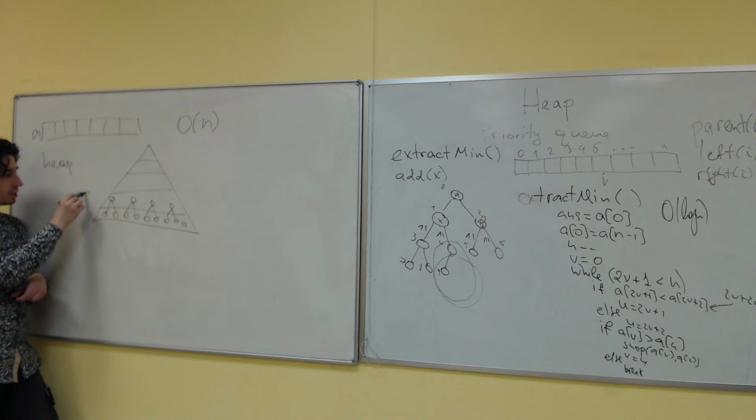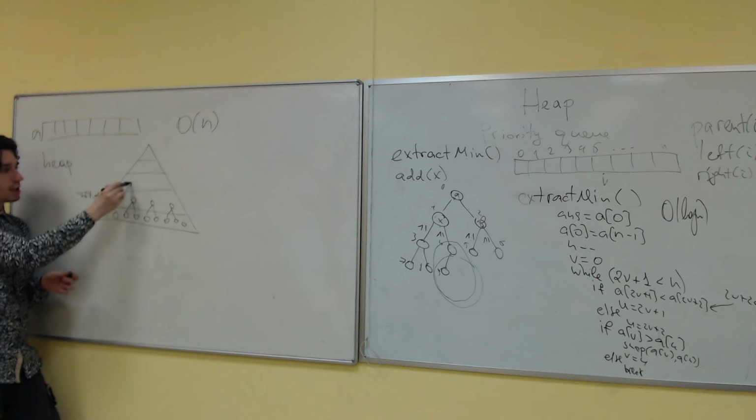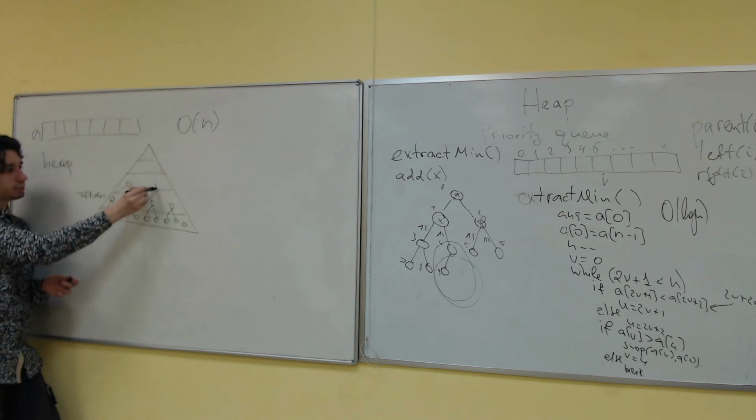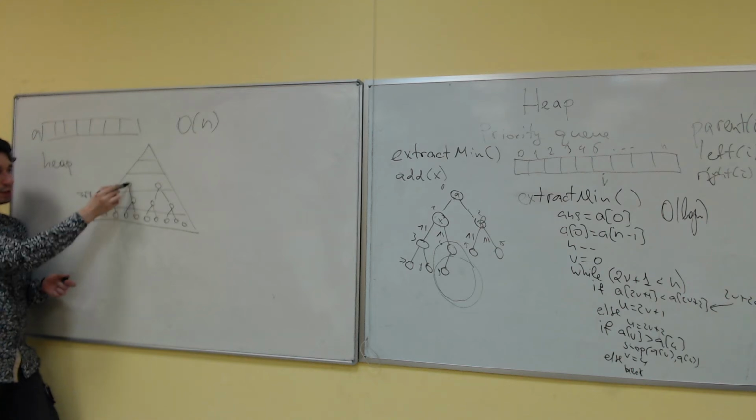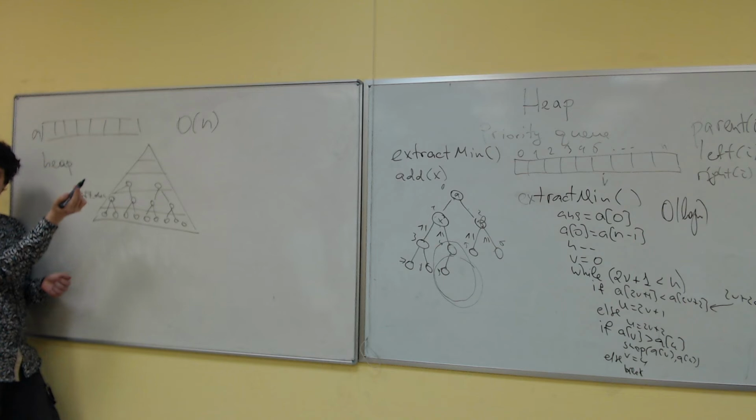We perform sift down here, so they are now correct and everything is fine. Then we consider the next level. This subtree is already fine. The only thing that is not a heap is the first element. So what should we do? Sift down. Yes, we just have to sift down here.